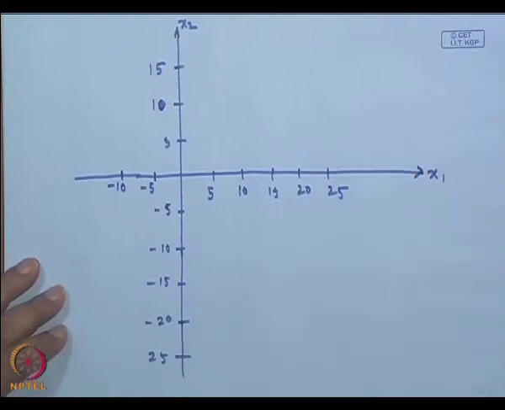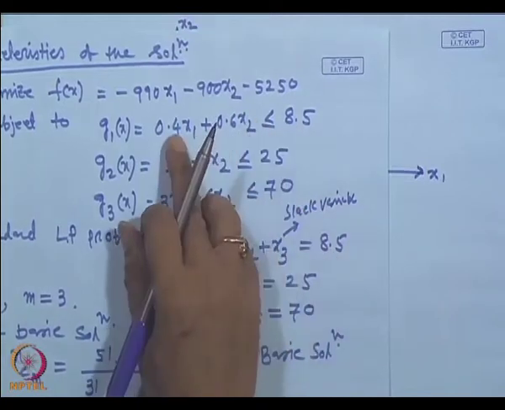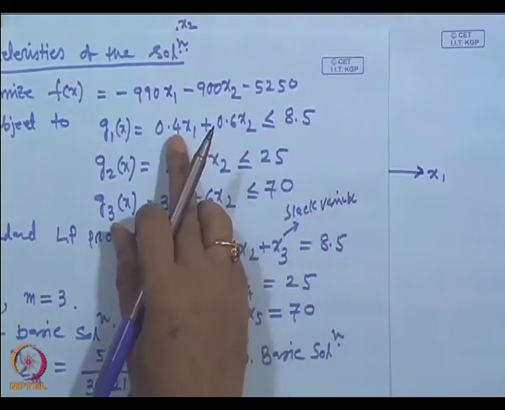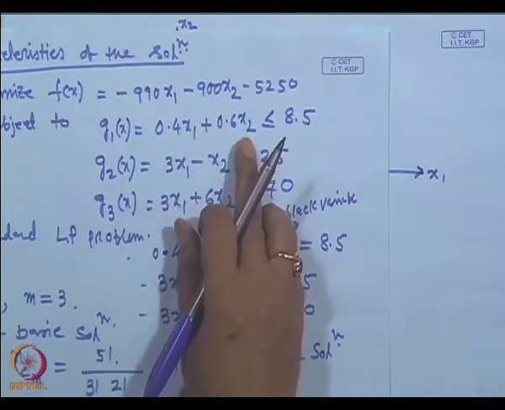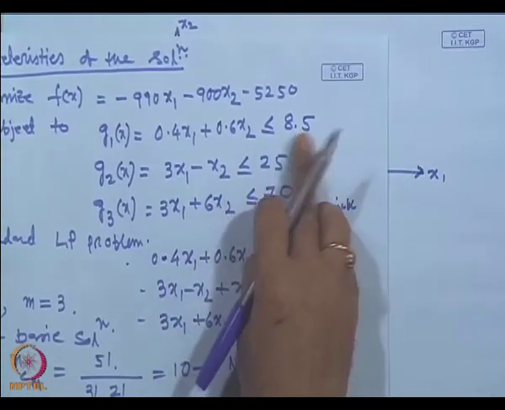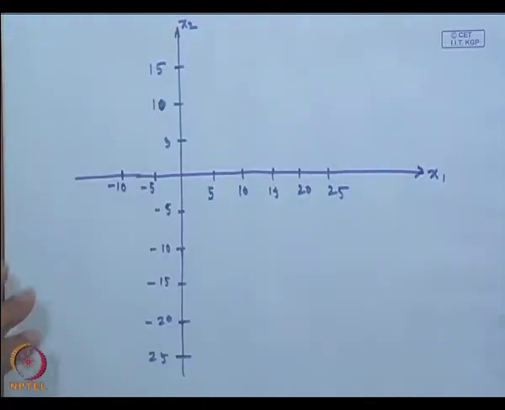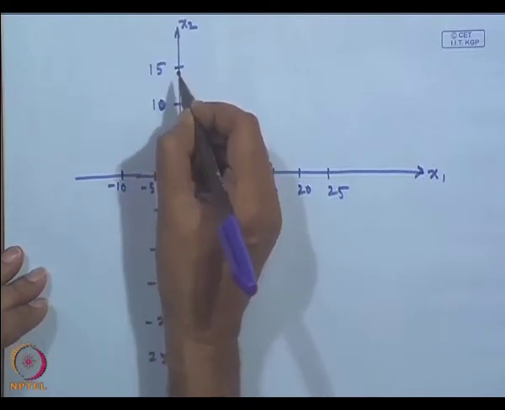Let us call this equation equal to 8.5. When x 1 is 0, the x 2 value will be 8.5 divided by 0.6, which is about 14.2. So, 14.2 is here.